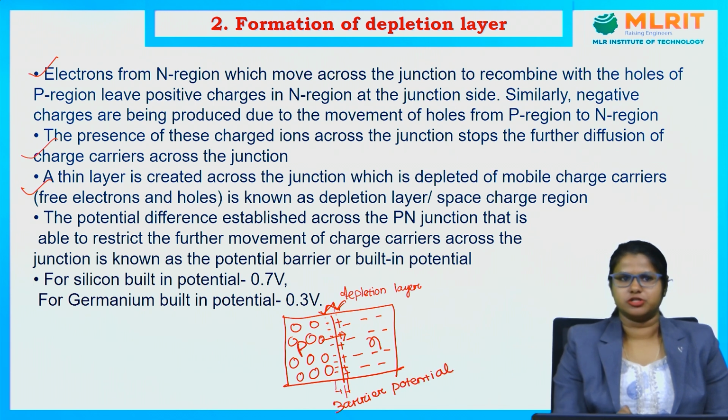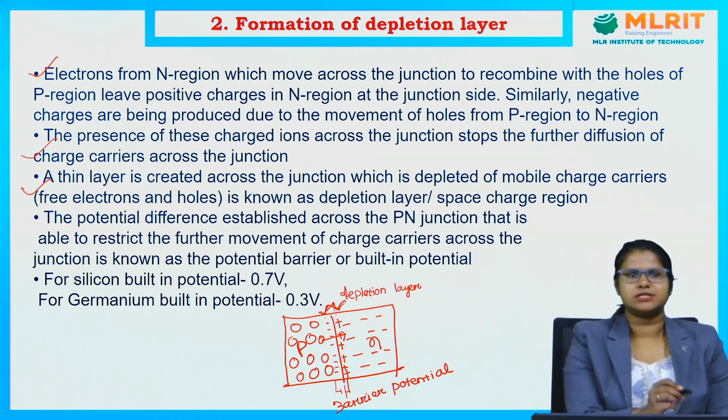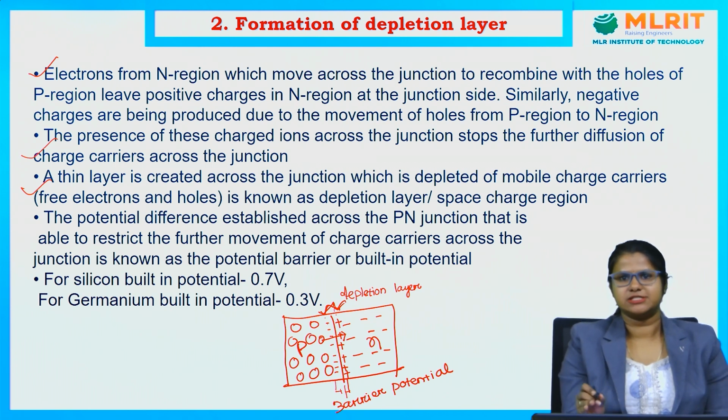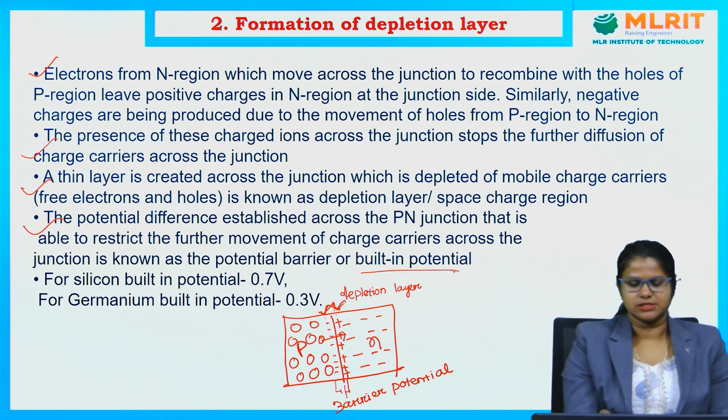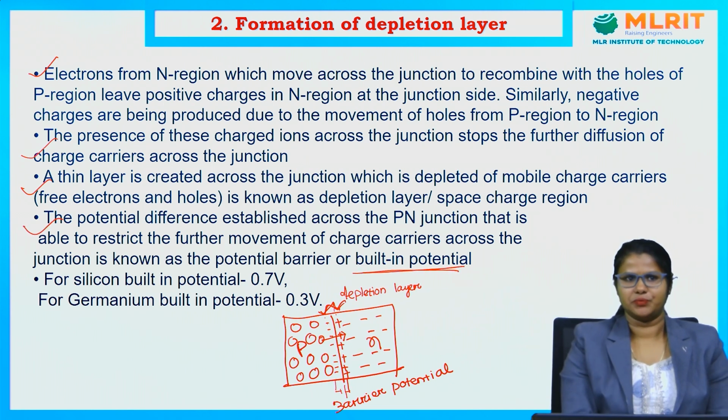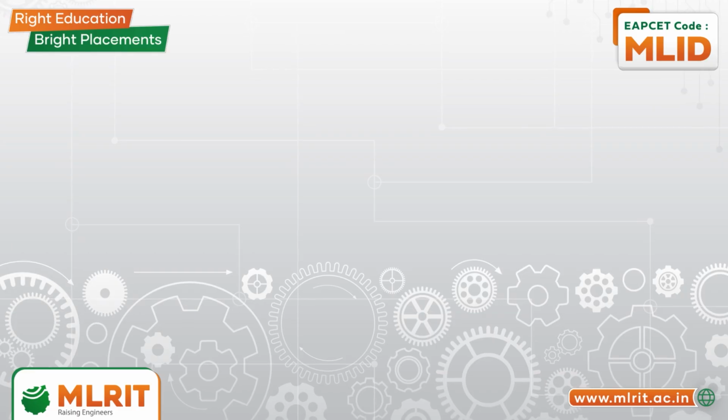The potential difference established across the PN junction that restricts the further movement of charge carriers across the junction is known as the potential barrier or built-in potential, as I have just discussed. For silicon, this built-in potential is 0.7 volt, and for germanium, it is 0.3 volt.